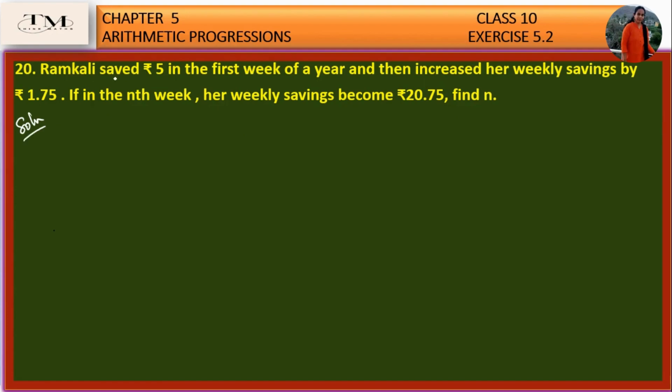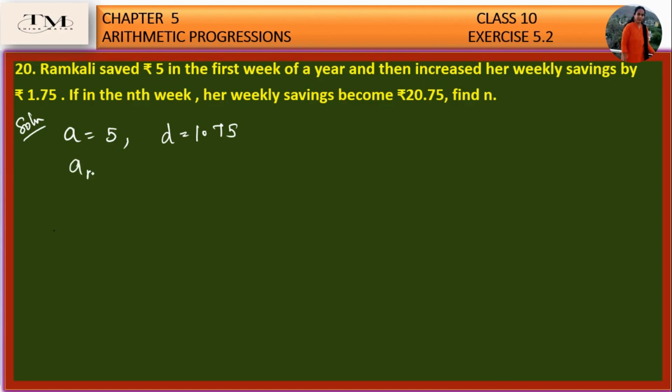Ramkali saved rupees 5 in the first week, so a is equal to 5. She is increasing her weekly savings by 1.75, that is, adding 1.75 to the previous term. That means d is equal to 1.75. If in the nth week her weekly savings become 20.75, we have to find n.